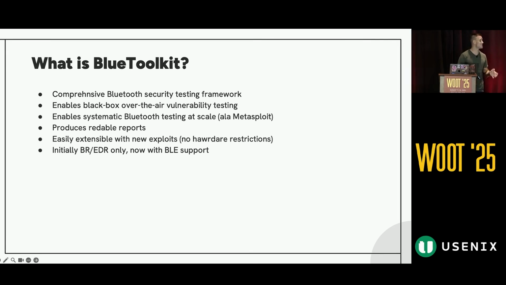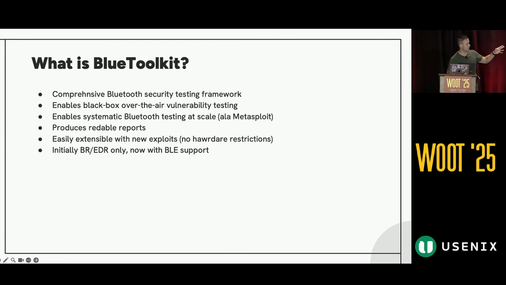It tries to mimic Metasploit in some way, because it tries to enable systematic testing at scale. We wanted to produce readable reports, and we wanted it to be easy to extend with new exploits, without having a specific hardware restriction. It's basically a global accumulator that can do everything.